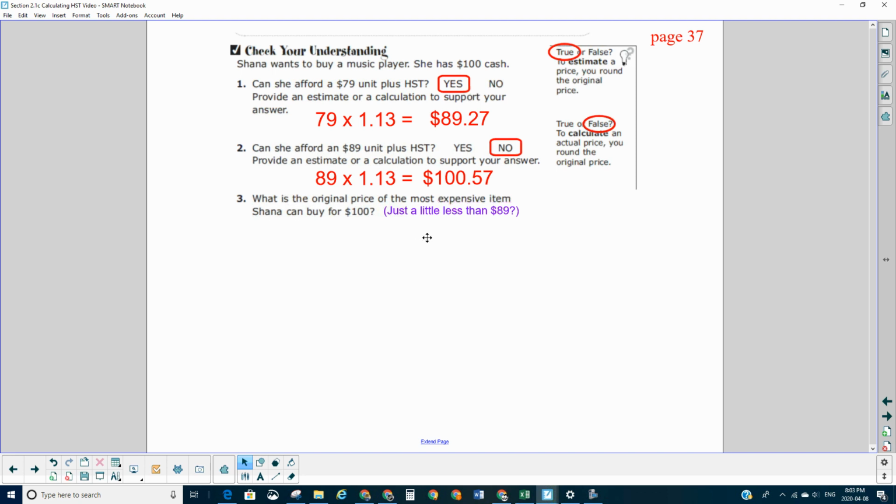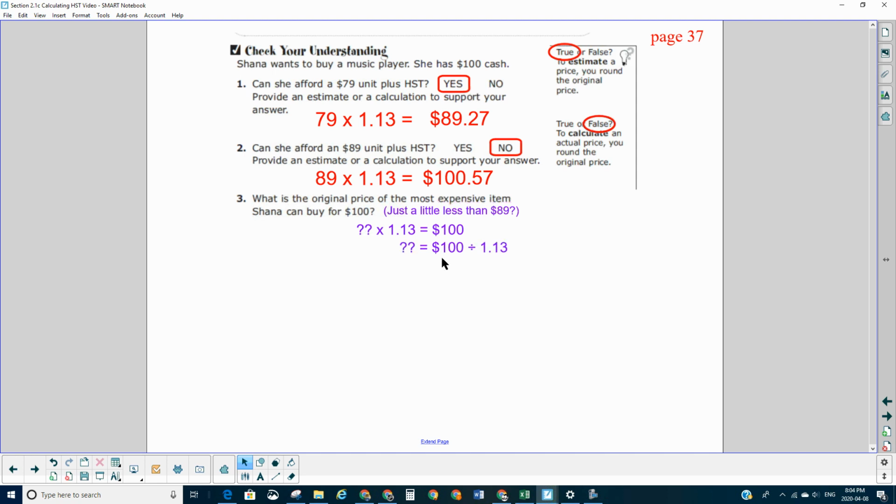What is it? You can actually calculate this by saying, well, I don't know what the price was, but I know if I multiply it by 1.13, it has to be equal to exactly $100 because that's how much cash Shannon has. So if you don't know a number that gets multiplied, to figure out what that unknown is, you're going to actually divide.